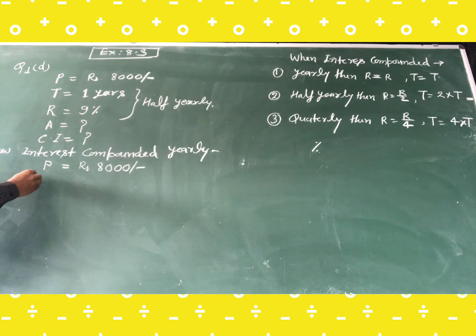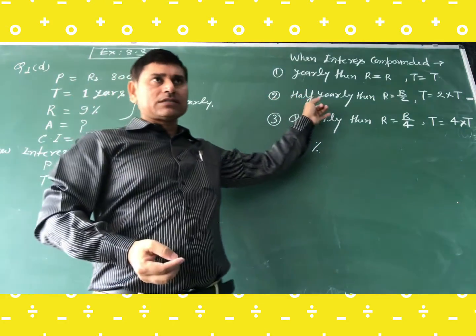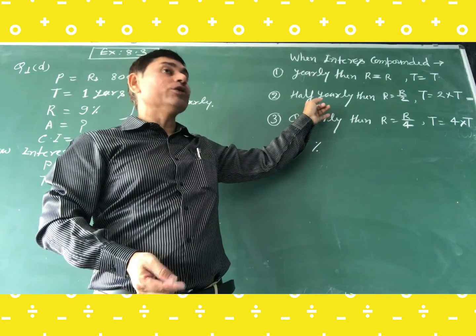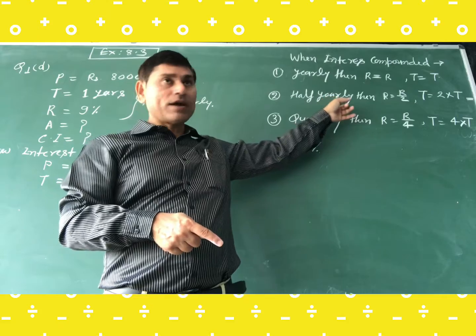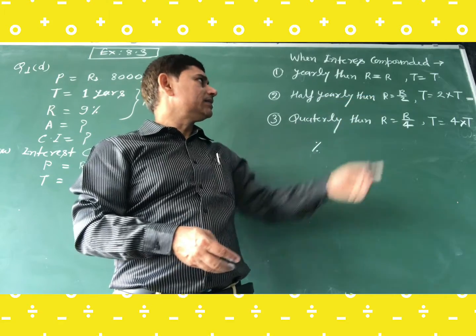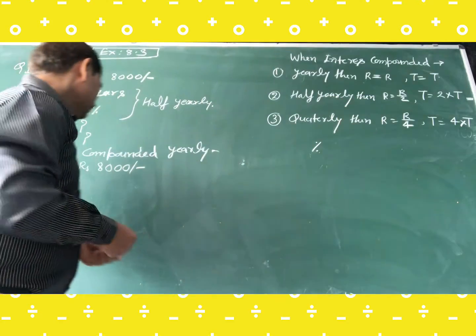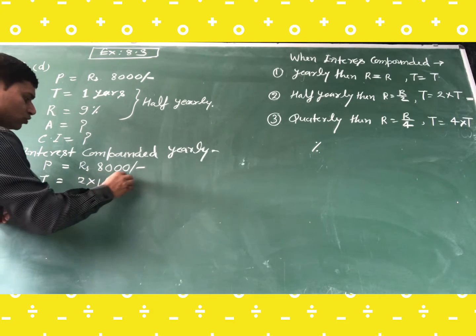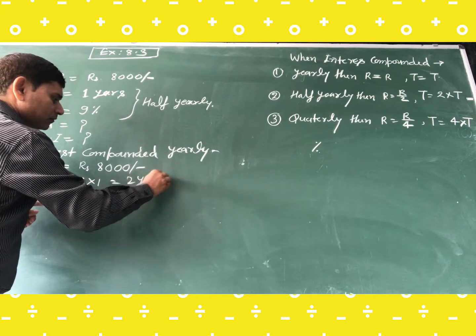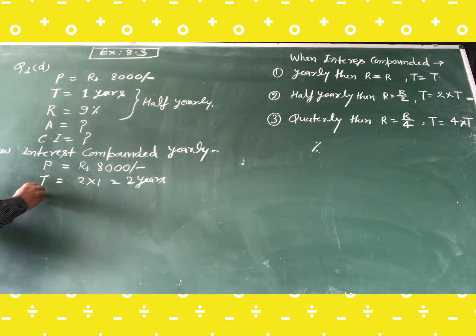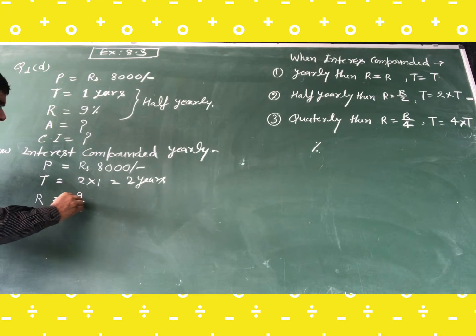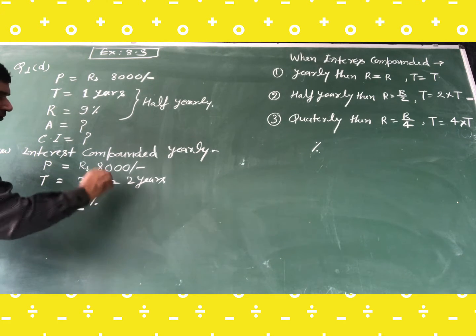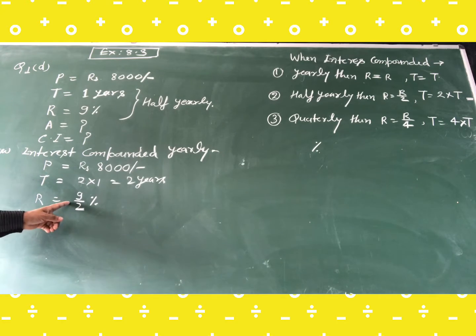And time is just 2 times because the compound interest is compounded half-yearly, so for yearly you write 2 into 1, that is 2 years. And the rate is just half of the given rate, that is 9/2%.